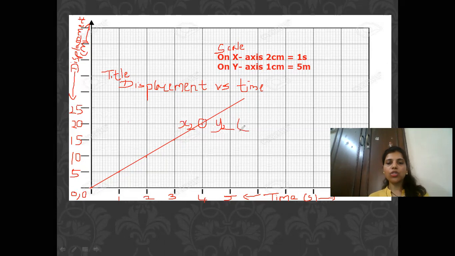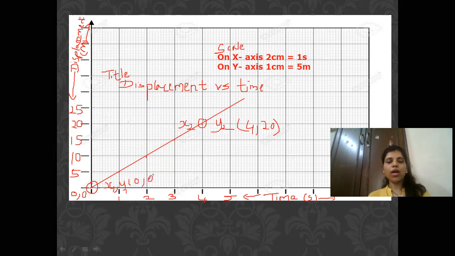So x2 is 4, comma, y2 with that respect is 20. So bracket close. Now I'm considering this intersection point as x1, y1. Children, you have to write a comma in between. Now this is 0, comma, 0.